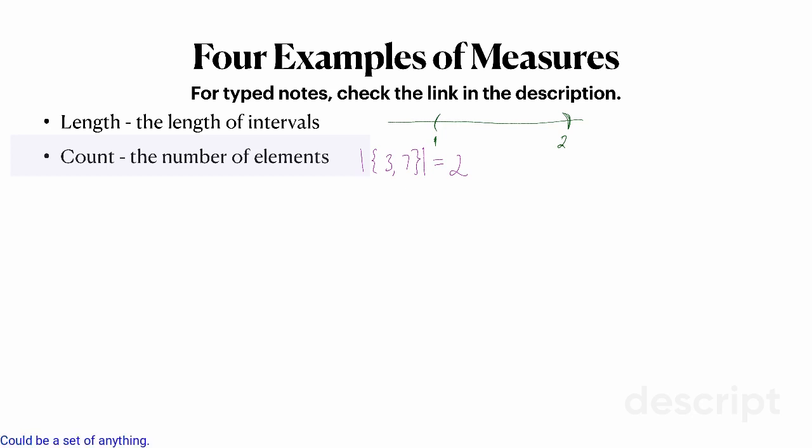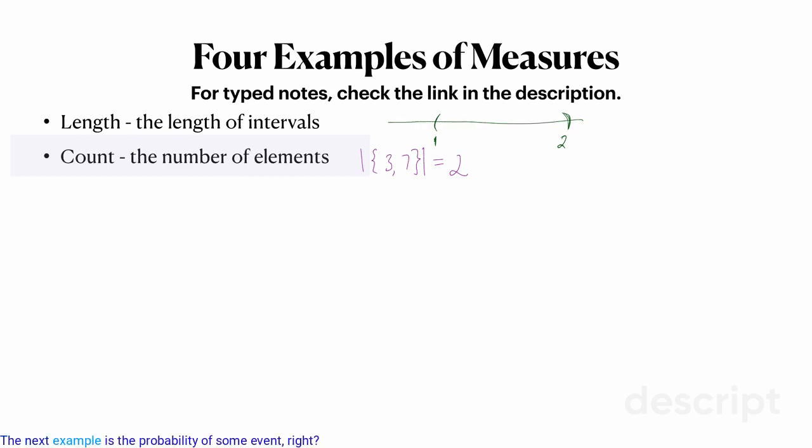It's just an example, could be a set of anything. But what this measure does is it assigns to that set its cardinality. So since it has 2 elements, the measure of this subset is 2. So clearly the measure of the empty set would be 0, and so on.